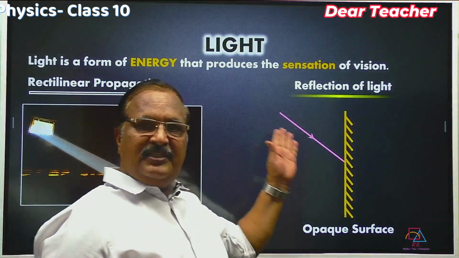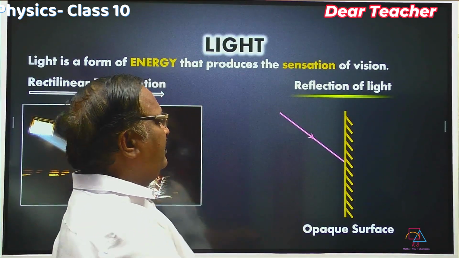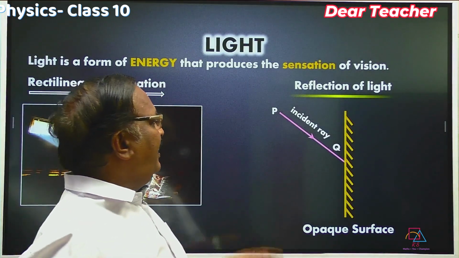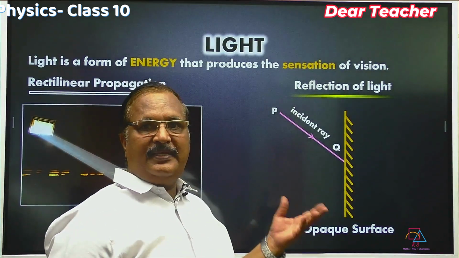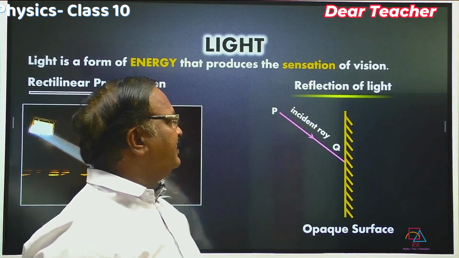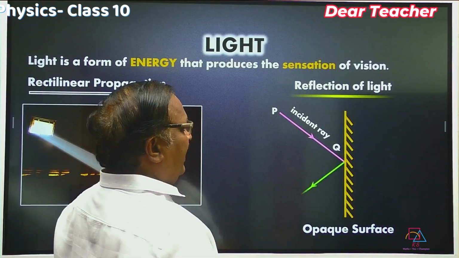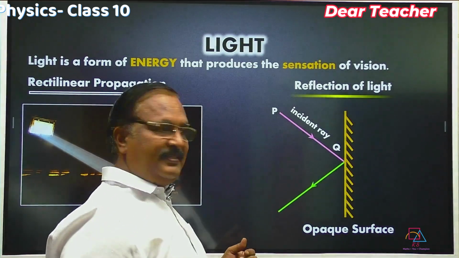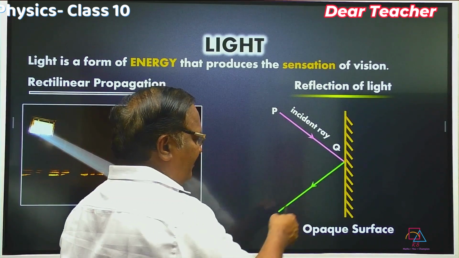A light ray is coming and falling, and we call this an incident ray, and PQ is the incident ray and Q is the point of incidence, and from Q it goes like this. So this is called the reflected ray.